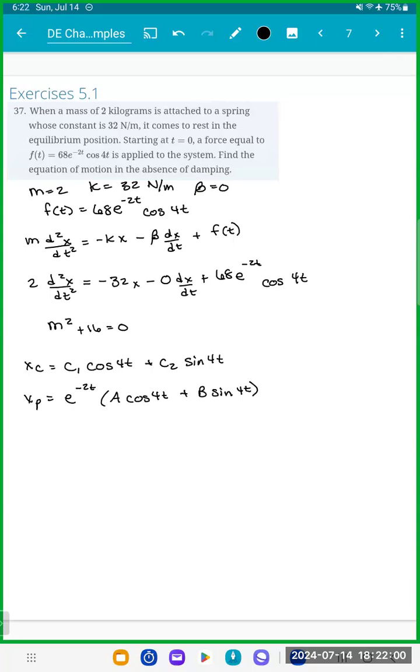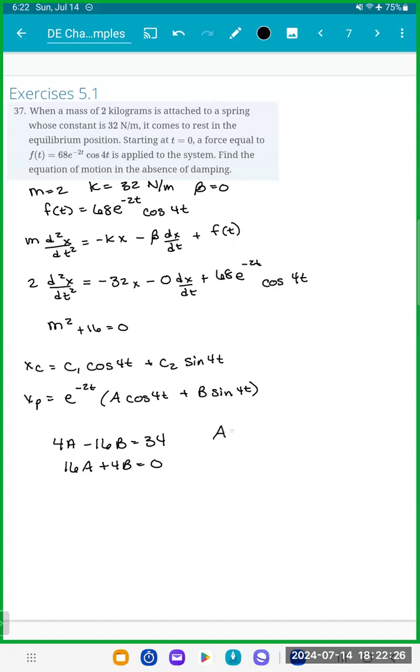And then if we do the first derivative, second derivative, like before, remembering that the derivative of cosine is negative sine and the derivative of sine is cosine, we can put into play 4a minus 16b is equal to 34, and 16a plus 4b is equal to 0.